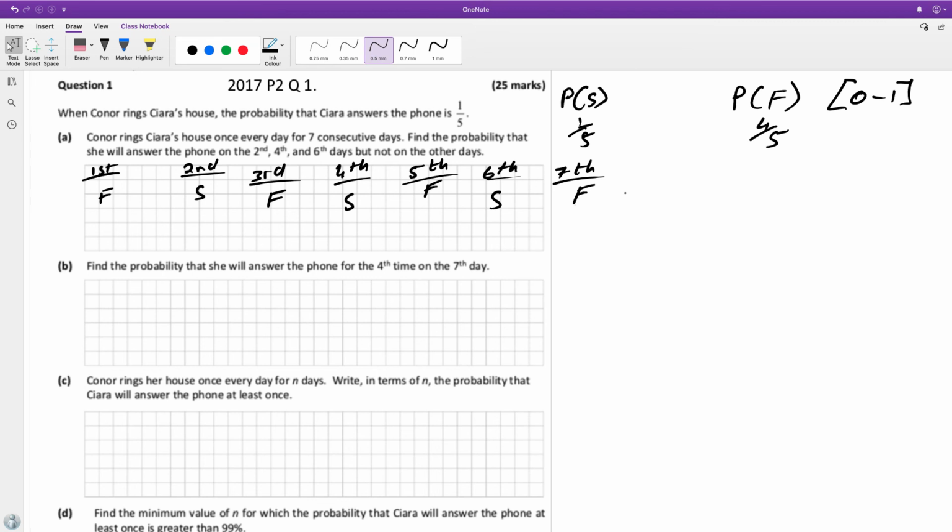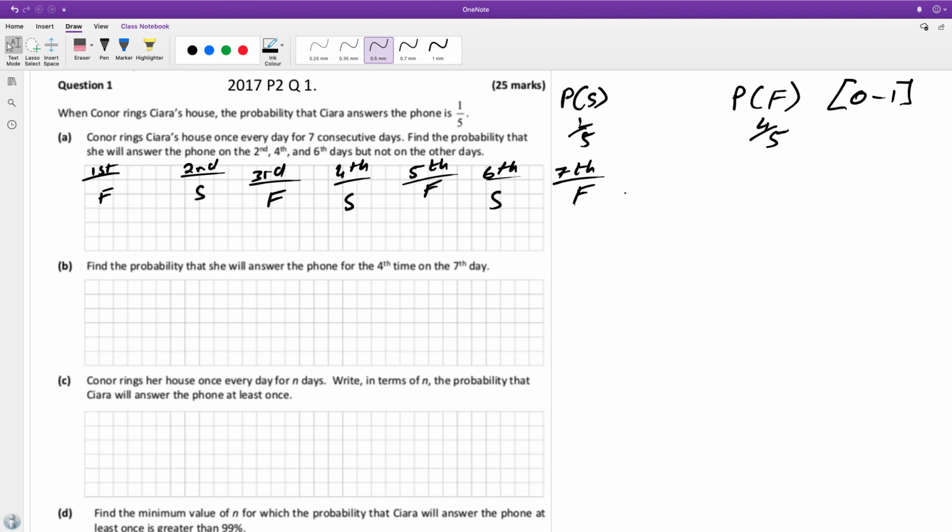And an R. Two most important words in probability: and, or, multiply or plus. It literally is your understanding of the question when you get this the right way around. Two very, very basic words.